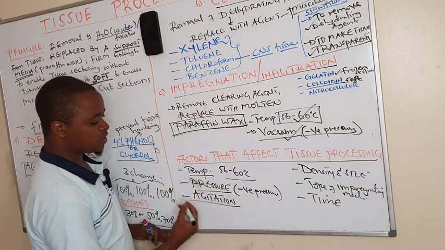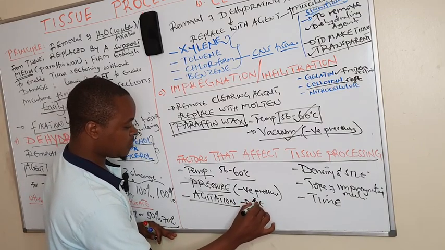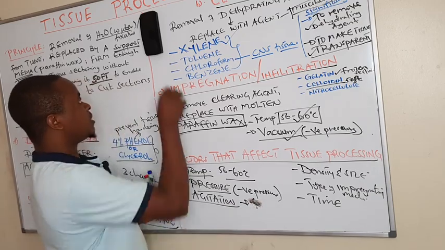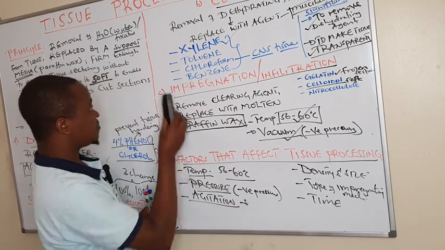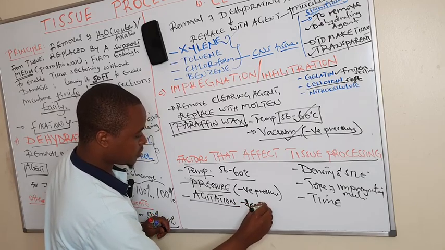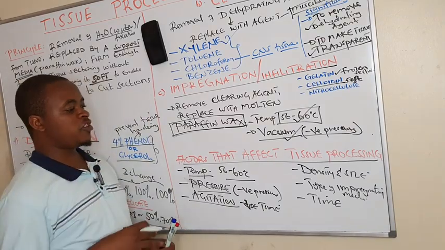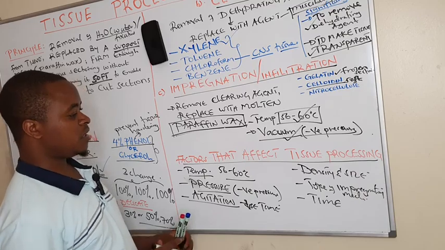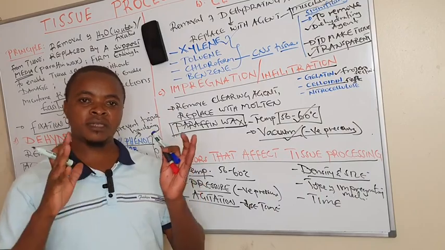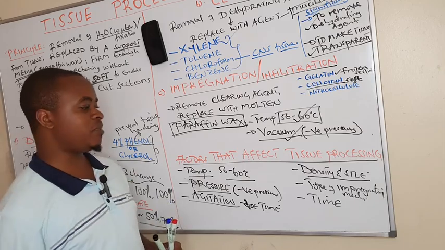Then agitation: constant agitation decreases the time. So the more you agitate, the more the entry of the impregnating media. Then the density and the size: the smaller the size of the section, the higher the rate of tissue processing. The processing will be faster.